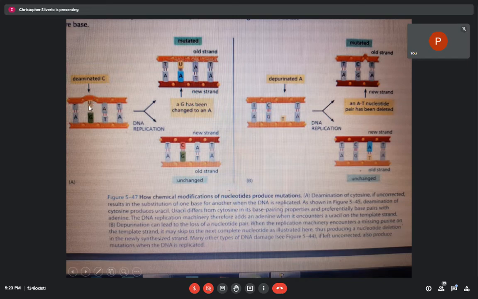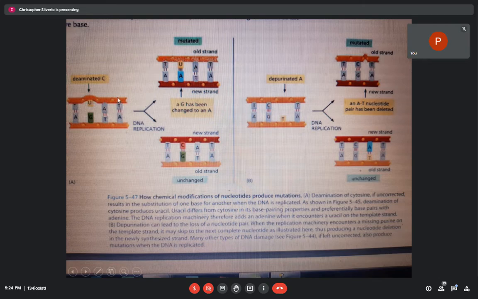Cytosine will be converted to uracil. And then what will happen to this DNA? It will replicate. It will divide. Okay, this is the old strand. Remember the lagging and the leading strand when the DNA is replicated.